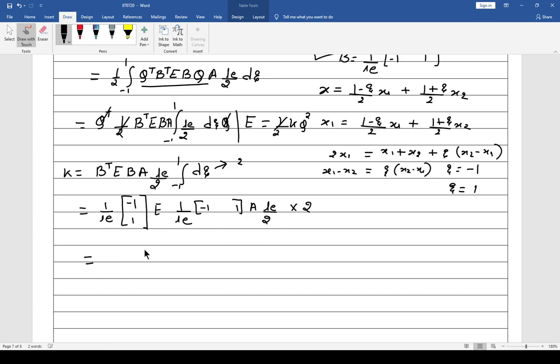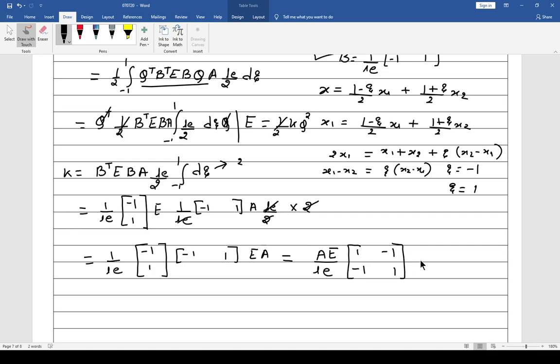Now by rearranging this, this LE will get cancelled with this LE, so I got only 1 by LE once, times minus 1 1, multiplied by minus 1 1, into E into A. This gives me A E by LE times the matrix 1 minus 1, minus 1 1.